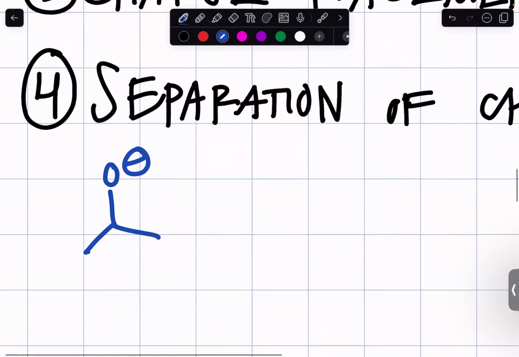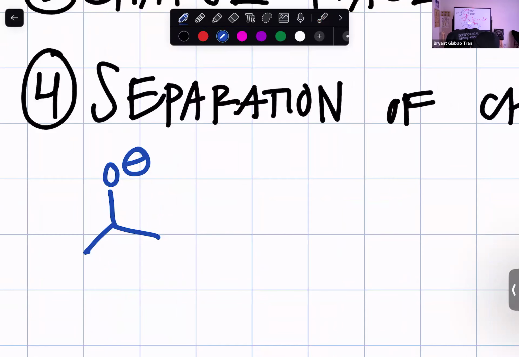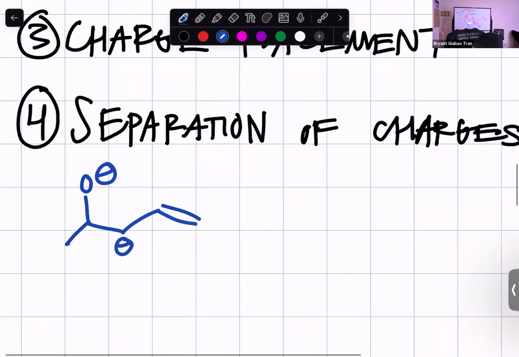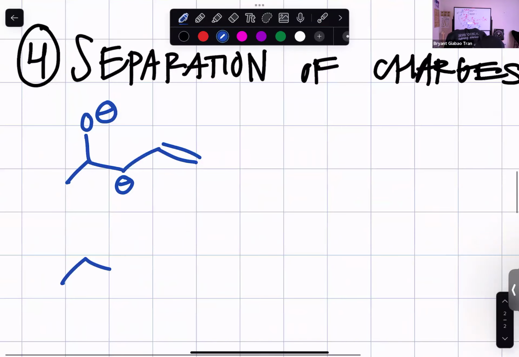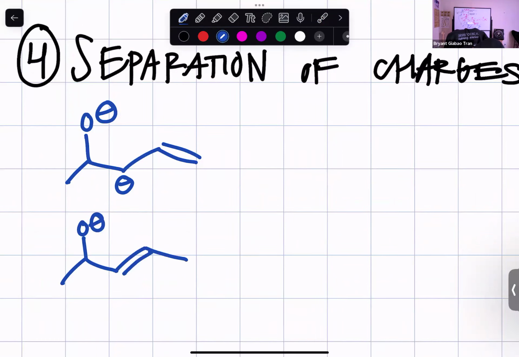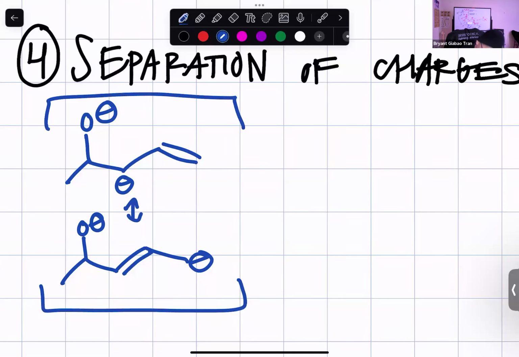So if I have something like this, and then I give you this resonance structure on the bottom, which resonance structure do you think is major, and which is minor?